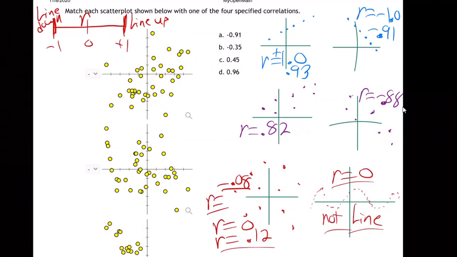Mr. Heron, I have a question. So how can you determine if they're going to be really close together, the dots? The closer the dots are together, the closer your R value is to 1 or -1, the whole number 1.